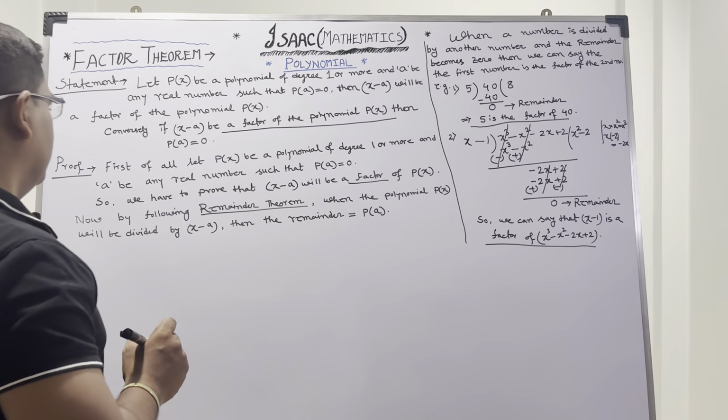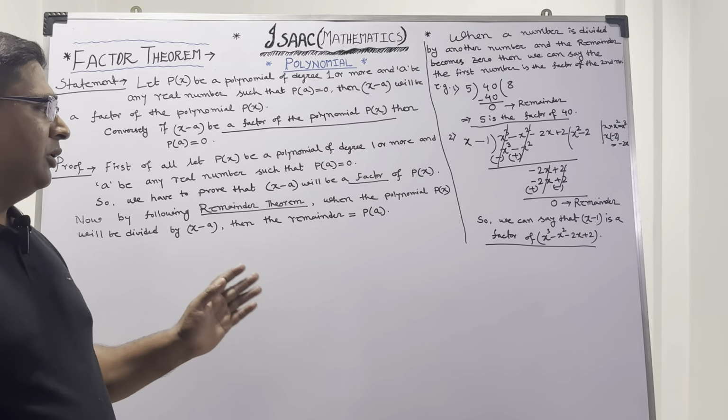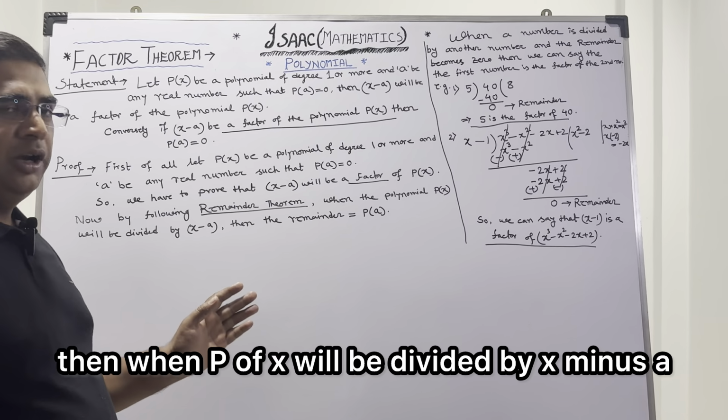Okay. So now if we follow the remainder theorem, then when P of x will be divided by x minus a, then the remainder will be P of a.